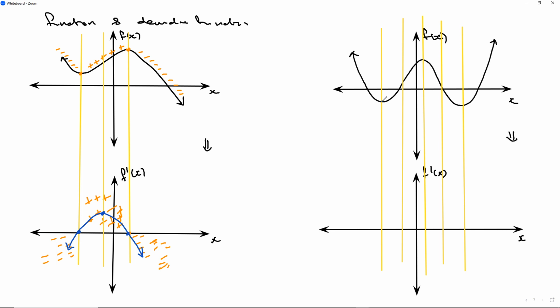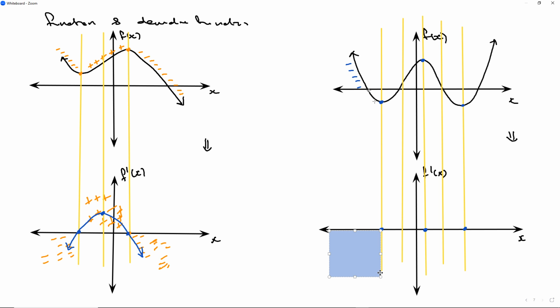Now, where it turns is where it cuts the x-axis. Where it turns is where it cuts the x-axis here. And this is also, by the way, negative, which means we're going to utilize the region at the bottom first, the negative region.